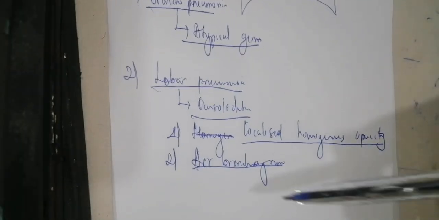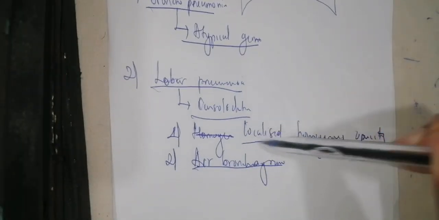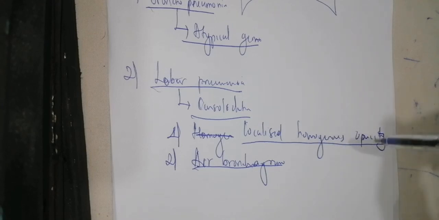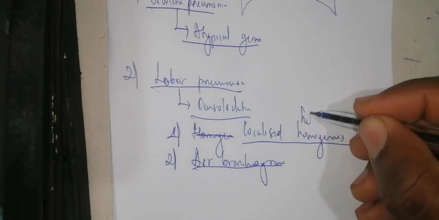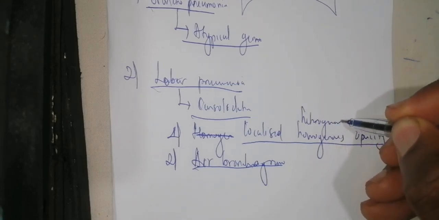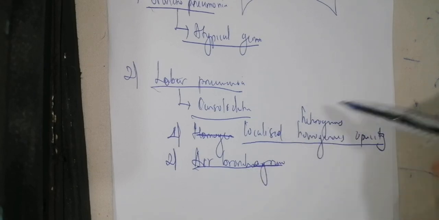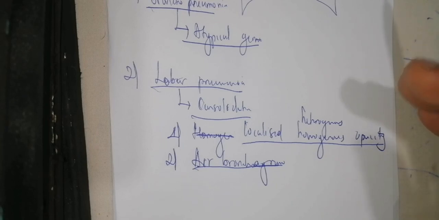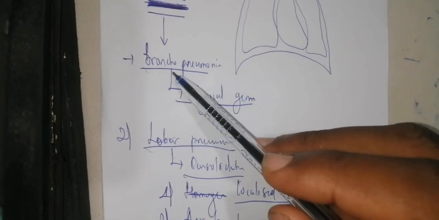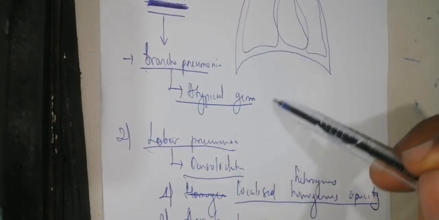But when you only visualize an air bronchogram without any localized homogeneous or heterogeneous opacity, it means that it is not lobar pneumonia but bronchopneumonia caused by atypical germs.